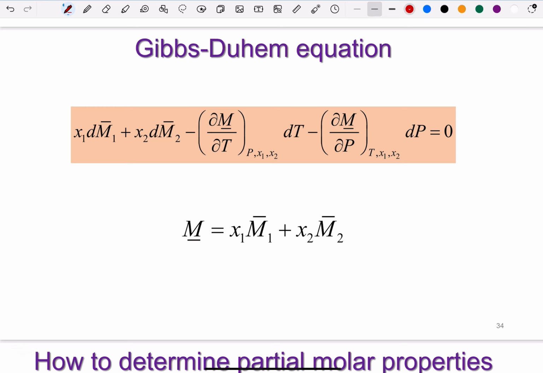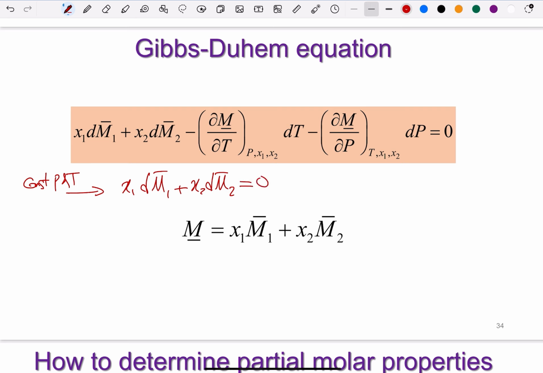And you can see that if you are considering constant pressure and temperature, let's think about that. If you have a constant temperature and pressure condition over there, what is going to happen? x1 dM1 plus x2 dM2 is going to be equal to 0. You should remember this one.